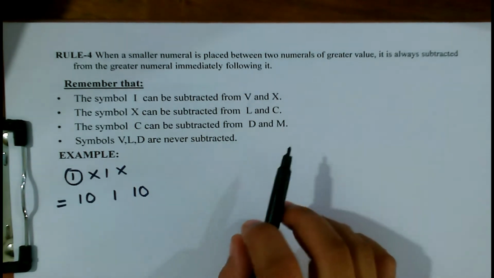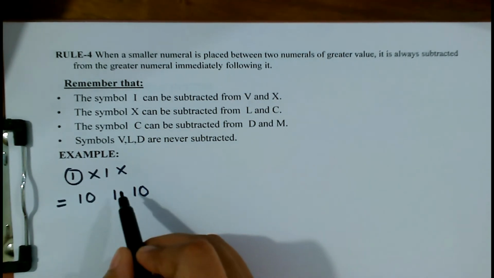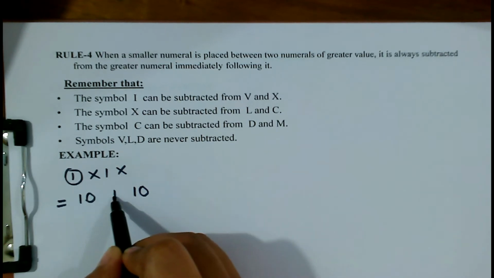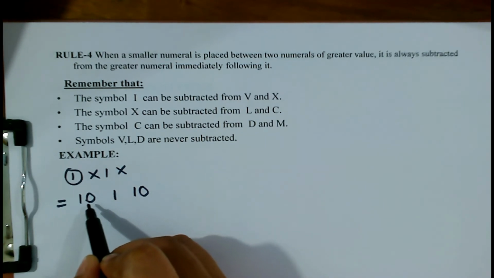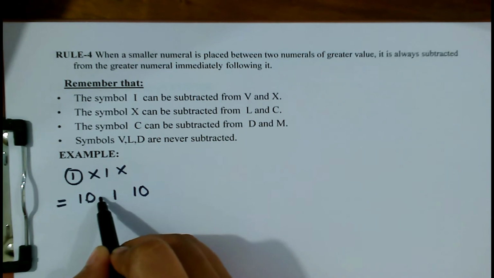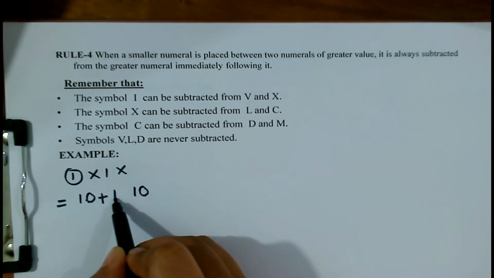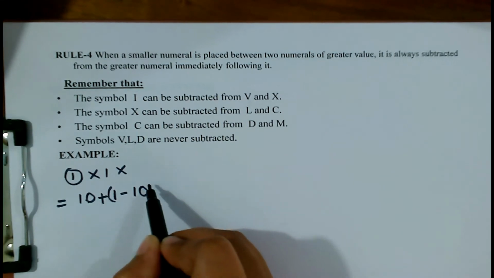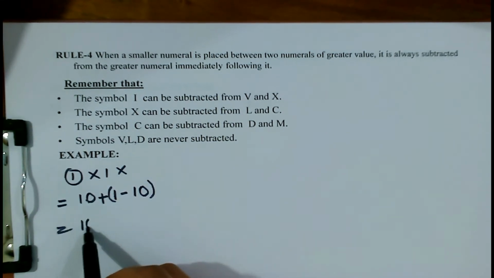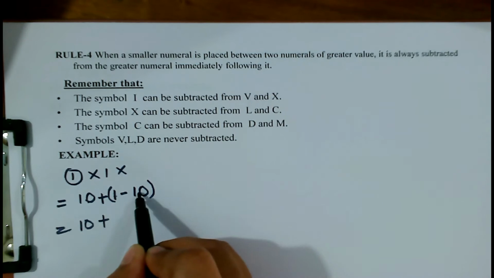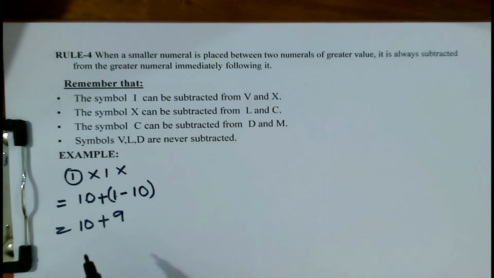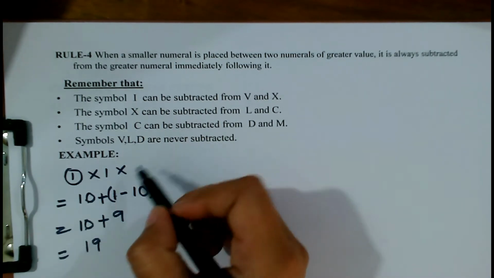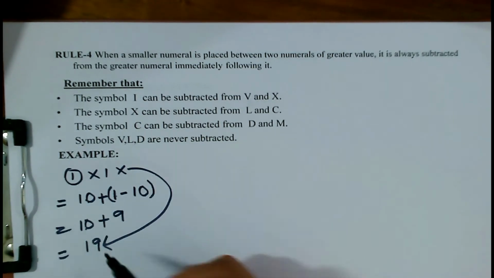As it says in the rules, these two will be subtracted. From the first X to I it is going from big to small, so this is plus, and then from I to X it is small to big, so this is subtract. You subtract these two, so it is 9, and then 10 plus 9 is 19. So XIX is 19.